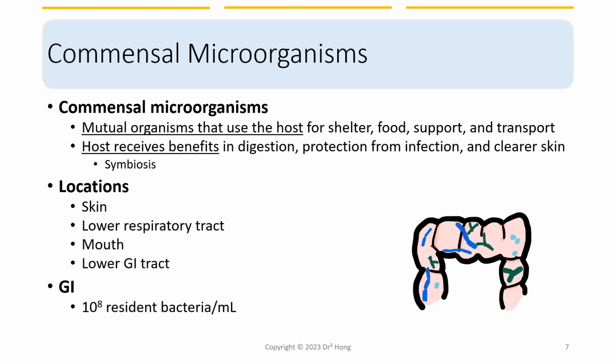They are mutual organisms that use the host for shelter, food, support and transportation. At the same time, the host also receives benefits in digestion, protection from infection, and clearer skin. So we call this a symbiotic relationship. The commensal organisms are therefore beneficial to us.